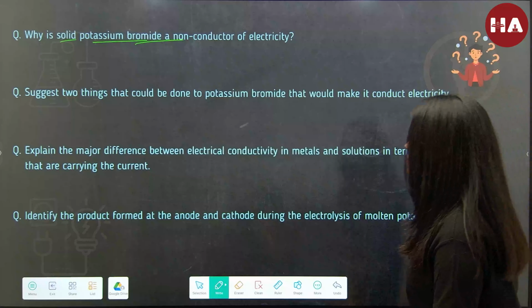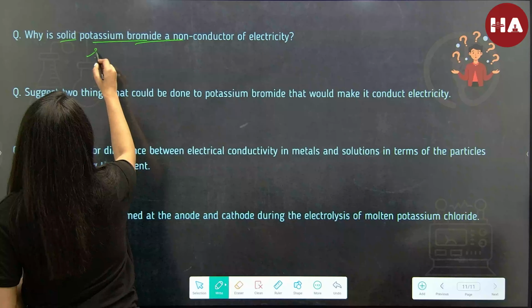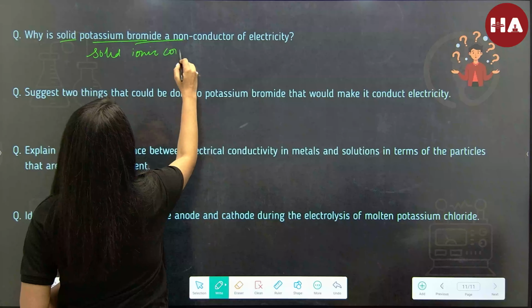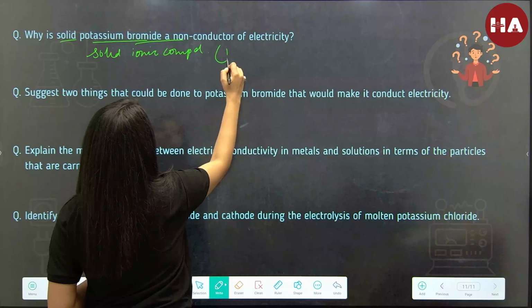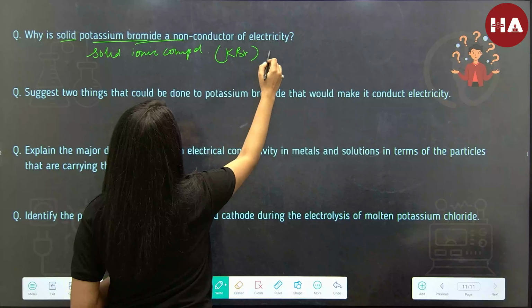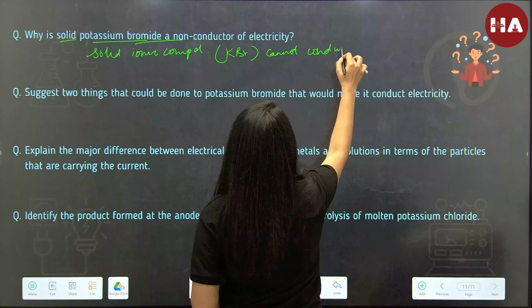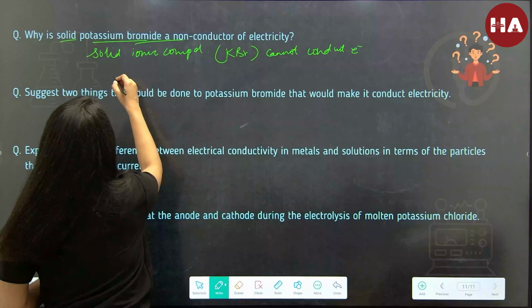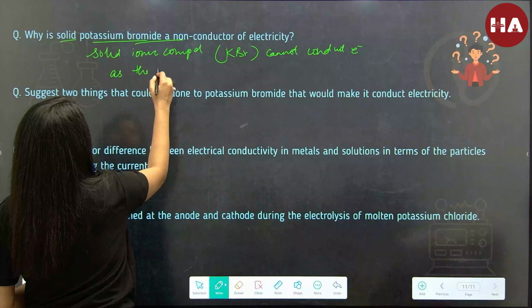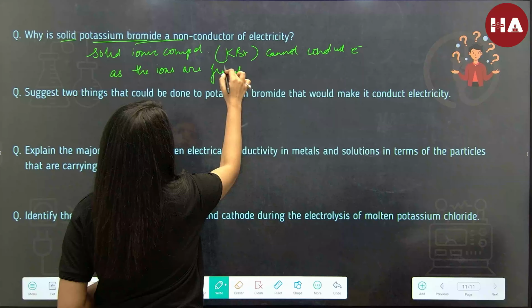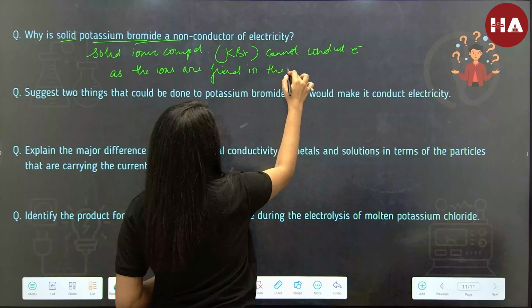So yes, same answer: solid ionic compound KBr, potassium bromide, cannot conduct electricity as the ions are fixed in their position.